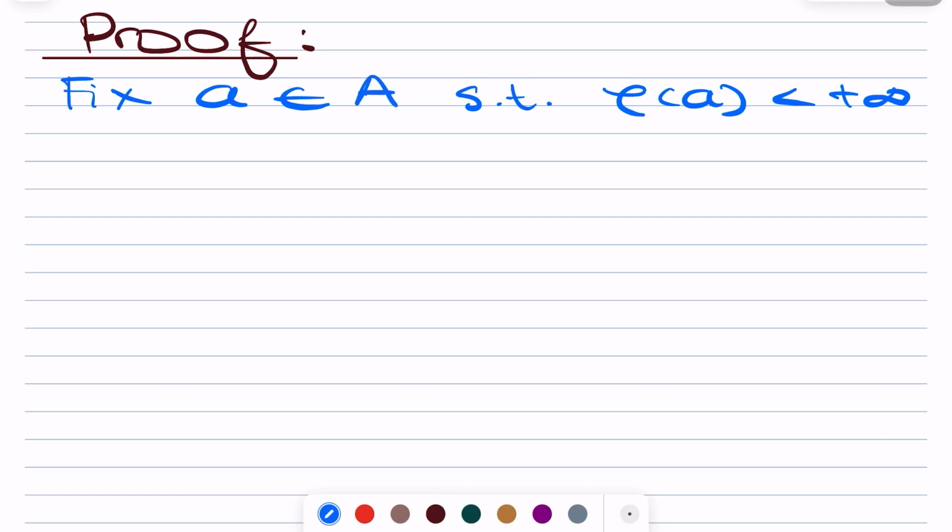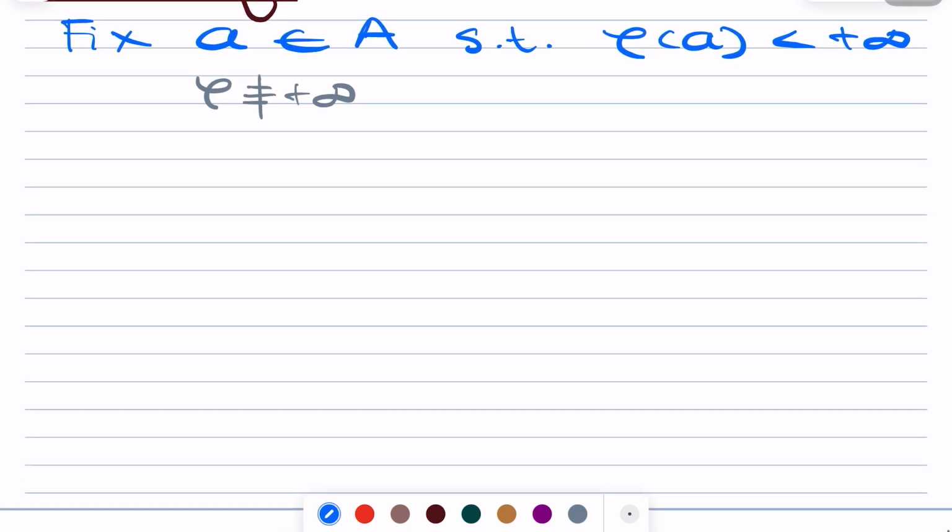Such an a always exists, because phi does not blow up identically, so you can always find such a.